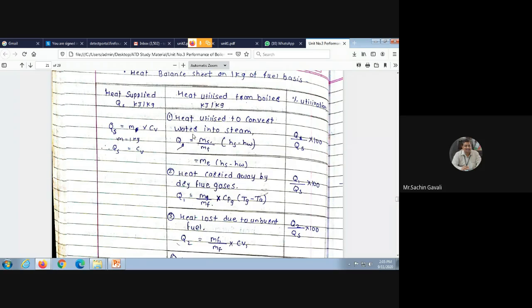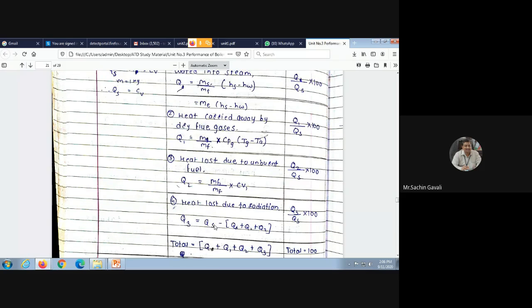Q3 is equal to QS minus in bracket Q, which is the heat utilized to convert water into steam, plus the summation of all the remaining losses, Q1 and Q2. So Q3 is equal to QS minus in bracket Q plus Q1 plus Q2.